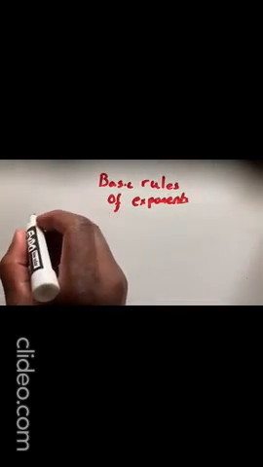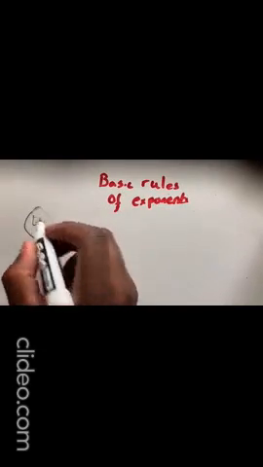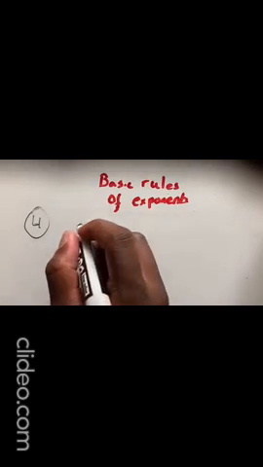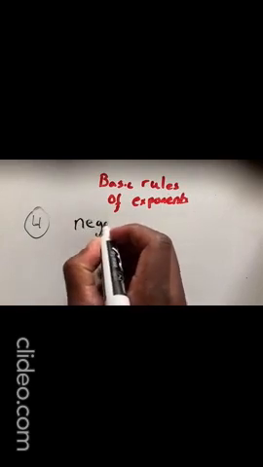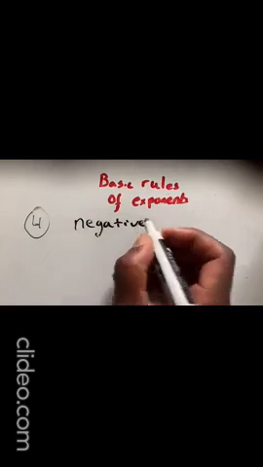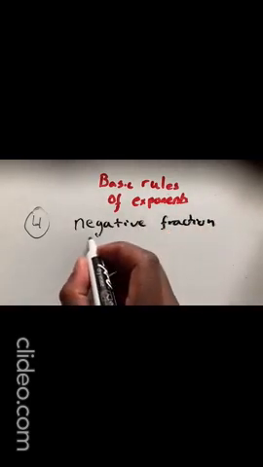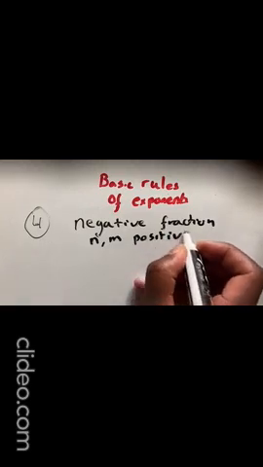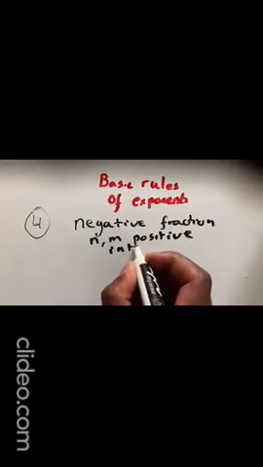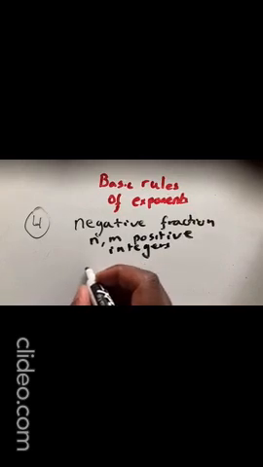Now let's go to the fourth rule. Rule number 4 here. And it's basically when it's a negative fraction. The exponent is negative. Once again, let n and m be positive integers.